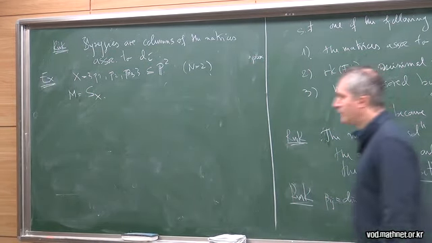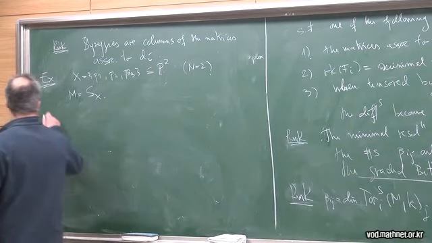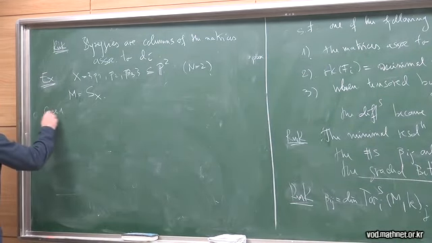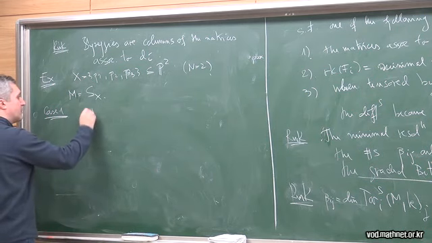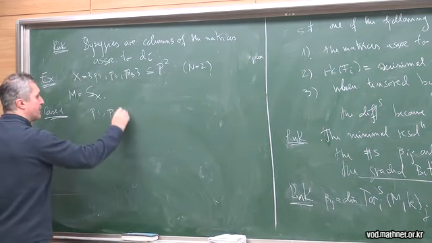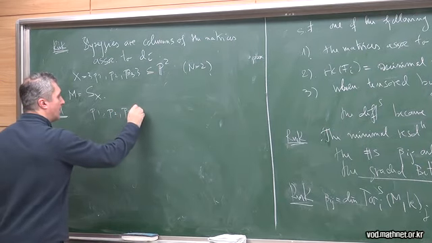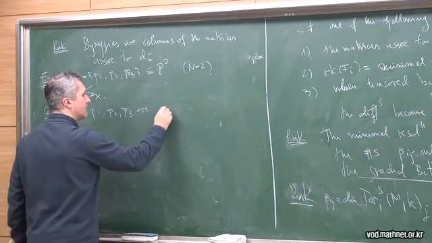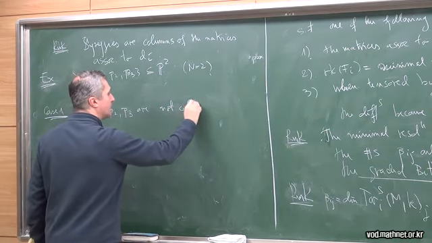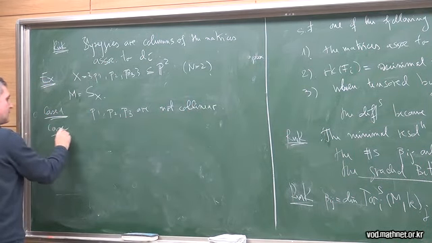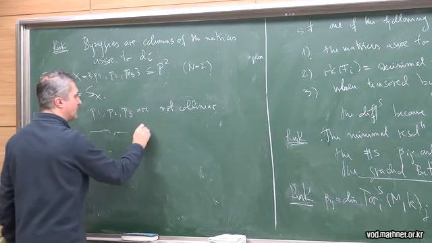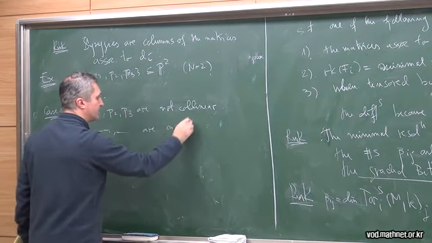And we have two cases. The first case is when P1, P2, P3 are not collinear. And of course the second case is when these are on a line.